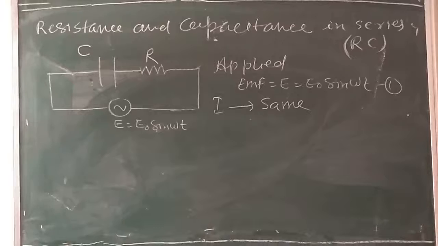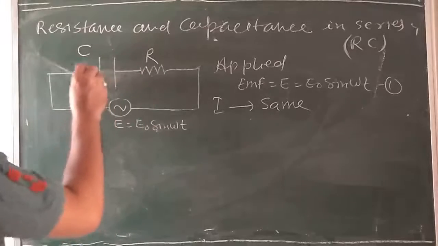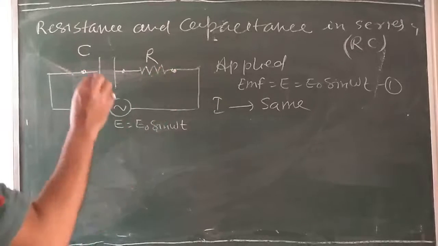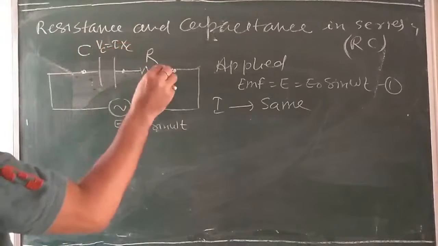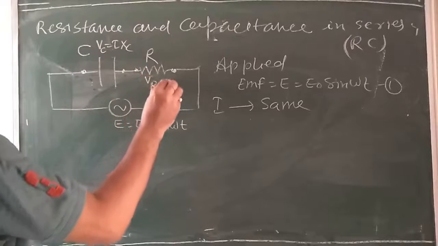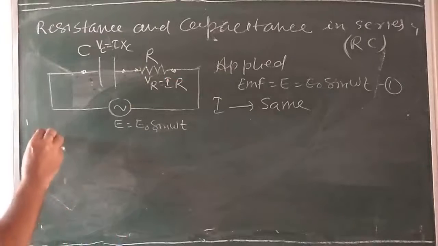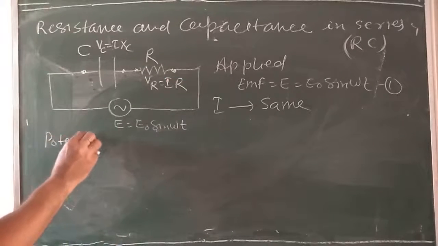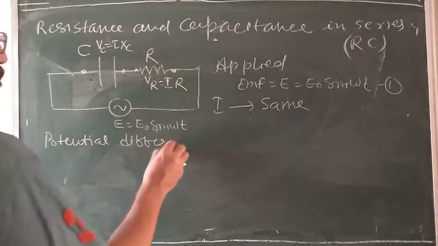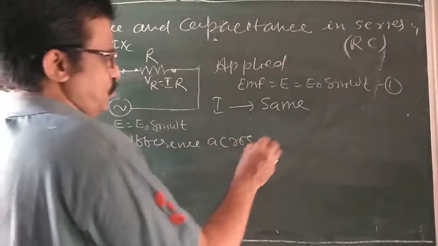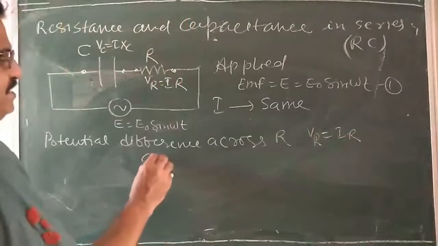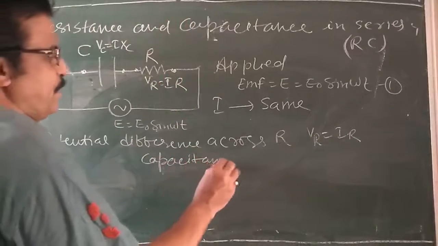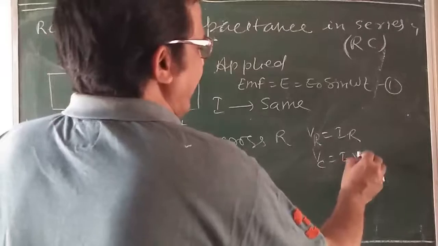So I is same here at every instant, and the potential difference across C and R. Here the potential difference VC can be written as I of XC, and the potential difference VR is I of R. So the potential difference across R would be IR, and across capacitance would be VC, that is equal to I of XC.